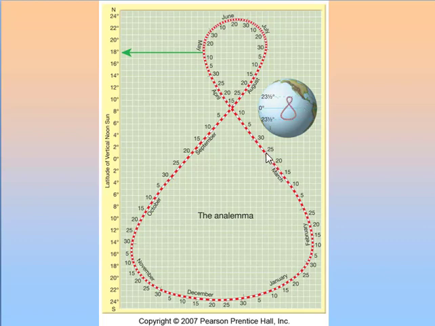If I want to know what it was for April 1st, here's March 30th, 31st. If I just move to the left here, I can see that the sun is right about 4 degrees. So that's where the sun is concentrated. So for April 1st at noontime, the sun will be 90 degrees at 4 degrees north latitude.